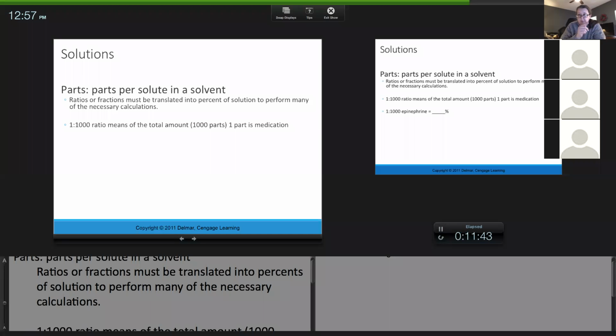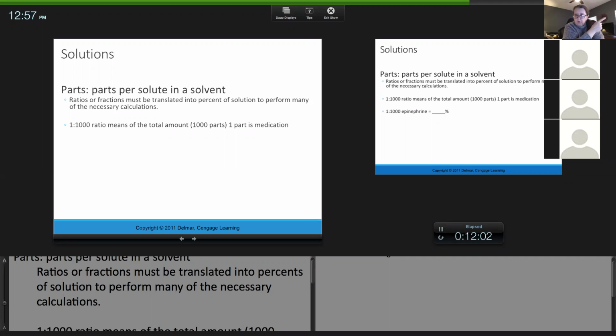Your mgs per mL is different for every medication. So you first figure out how many milligrams your patient needs. Then you find out the concentration of your drug, and that's how you can find the volume.